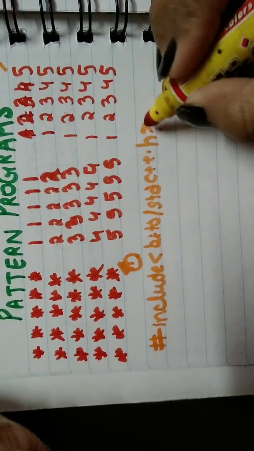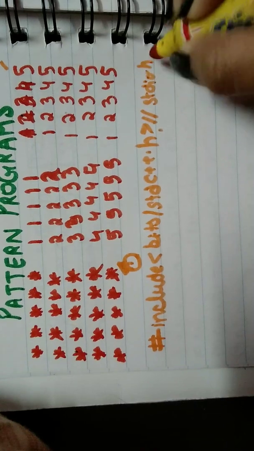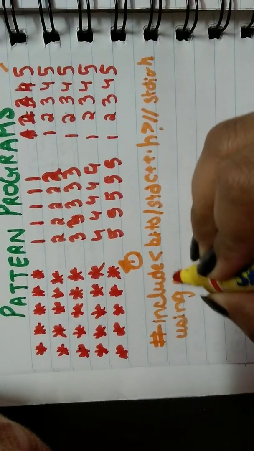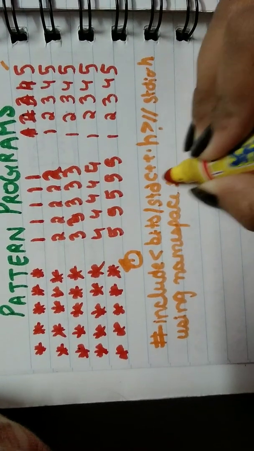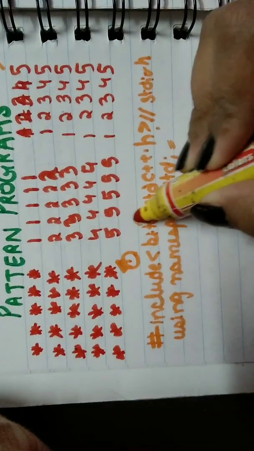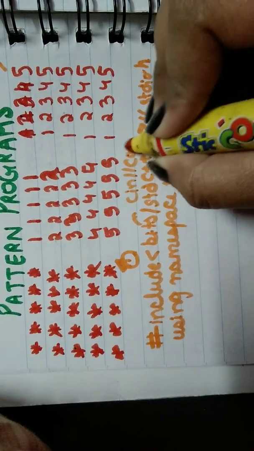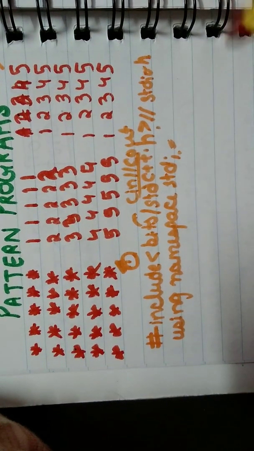If you are using C, then we can start it with the stdio.h. Next line is using namespace std. Using namespace std is used to use the inbuilt features of the include, like cin, cout. So these features, to use them directly, we use using namespace std.